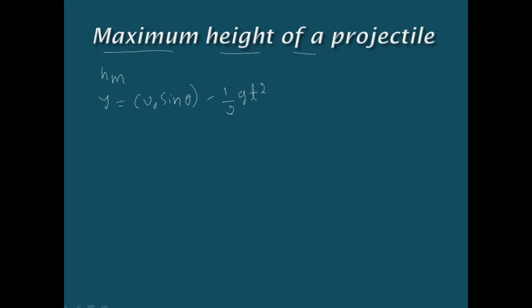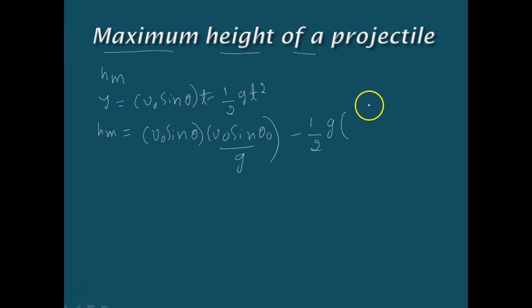So we get Hm is equal to V naught sine theta into V naught sine theta naught by g, minus half g times the square of the time taken by the projectile.